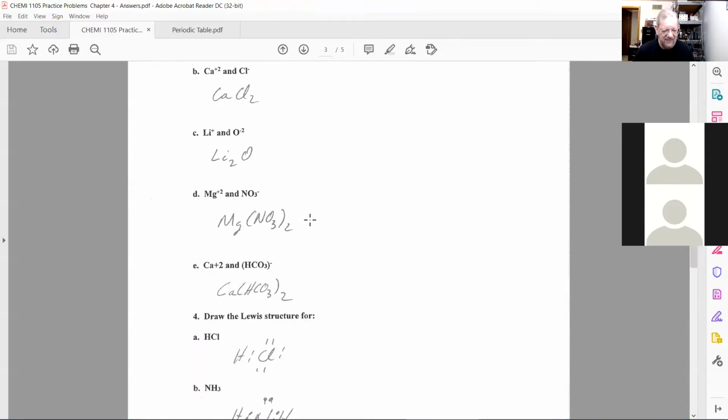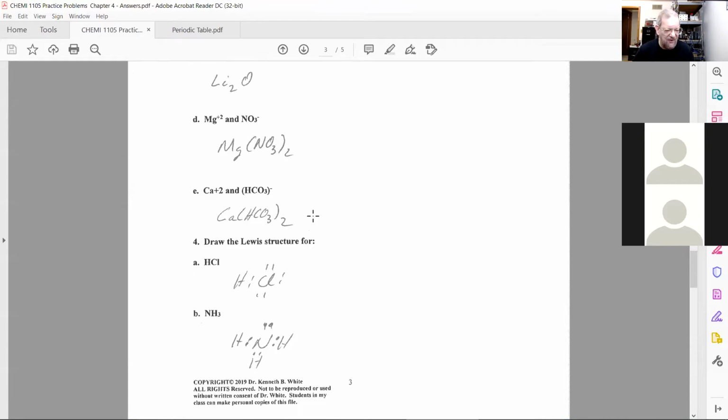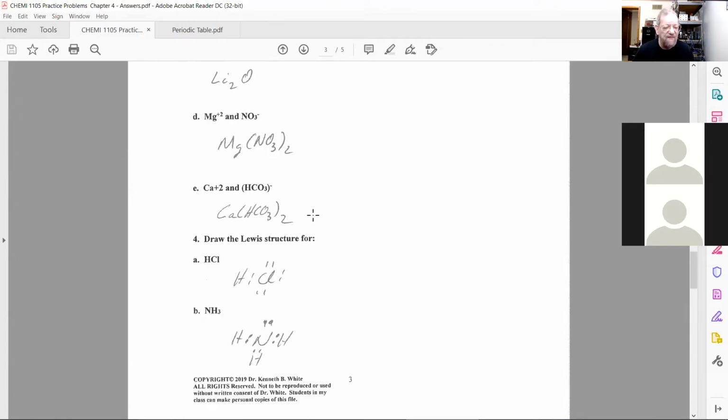Yay. Now, let's talk about drawing the Lewis structures for molecules that have covalent bonds. And by the way, you should know what an ionic bond is. Transfer 1 or more electrons from one atom or group of atoms to another atom or group of atoms.